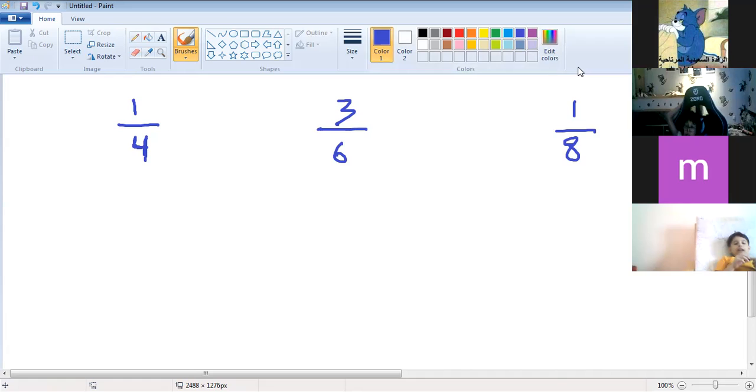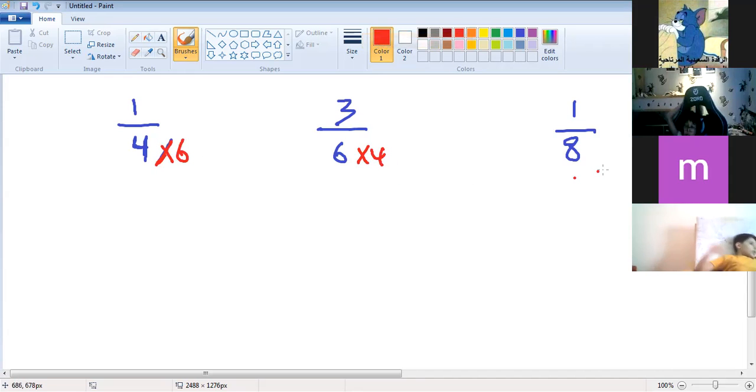Okay, now can you check the multiples of the 3 denominators? What are the multiples of 4? The multiples of 4 include 24. So each one is 24. So we are going to multiply all of them by what to get 24? 4 we multiply by 6, and 4 multiplied by 6 equals 24.